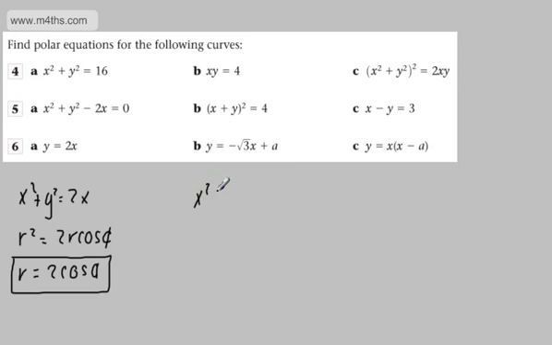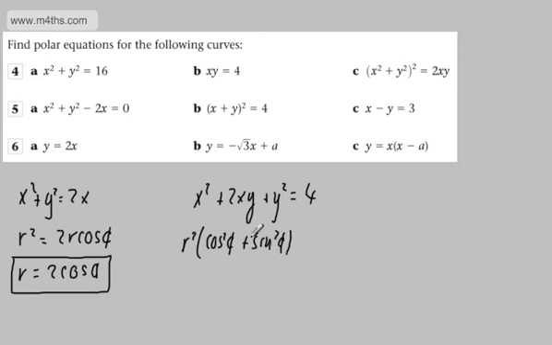This one, let's have a think on this one. x squared plus 2xy plus y squared is going to be equal to 4. Now consider x squared is r squared cos squared theta, and y squared is r squared sine squared theta. What we can write then is r squared, and we're going to have cos squared theta plus sine squared theta.